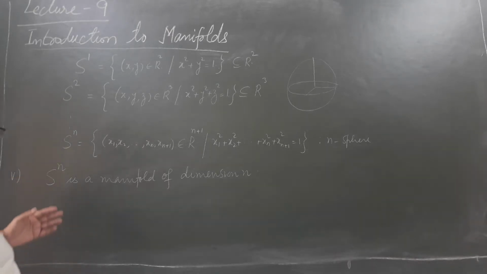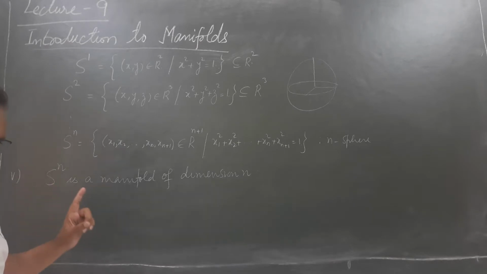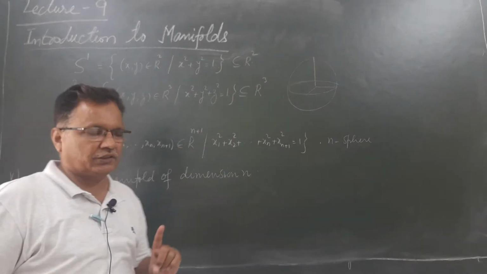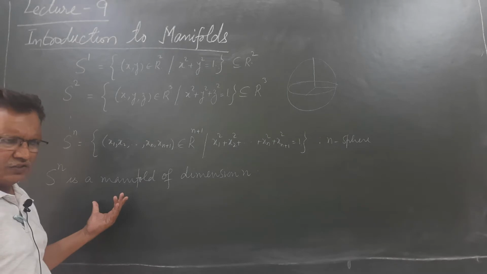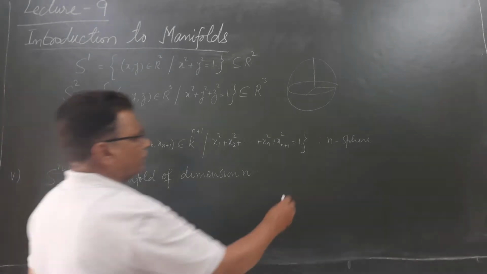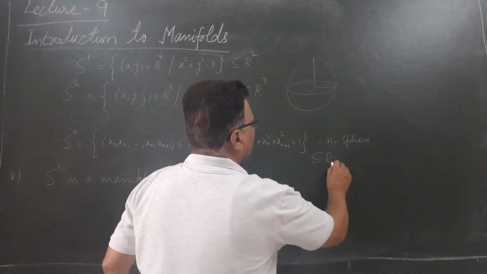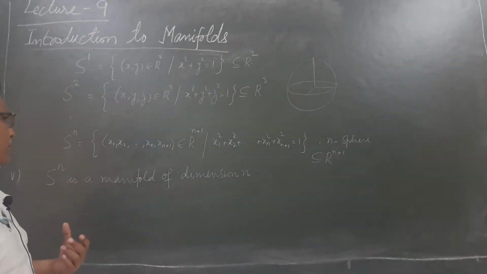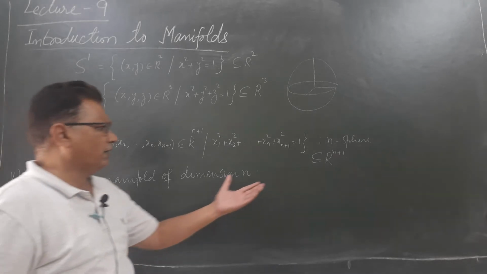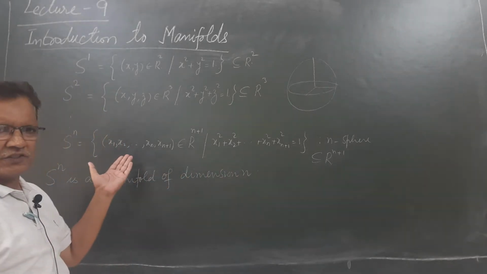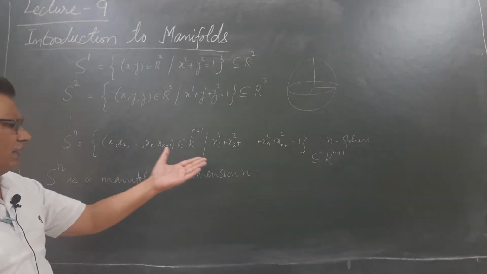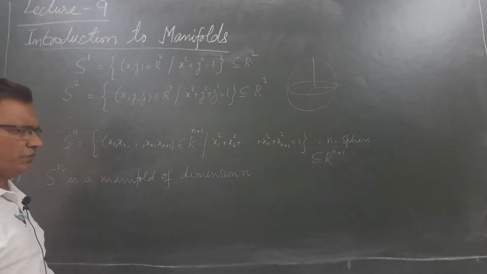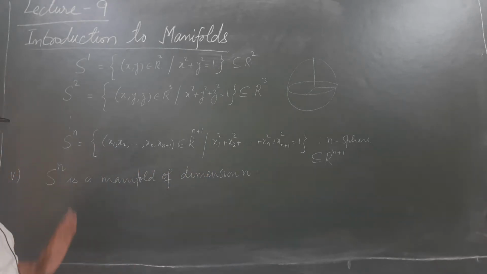In order to check that this sphere is a manifold of dimension n, first of all we will see whether it is a topological space, a Hausdorff topological space. The answer is yes, because it is a subset of Rn plus 1. As a subset of Rn plus 1, one can define a subspace topology on Sn, and since Rn plus 1 is Hausdorff, Sn must be Hausdorff. So, it is a Hausdorff topological space.